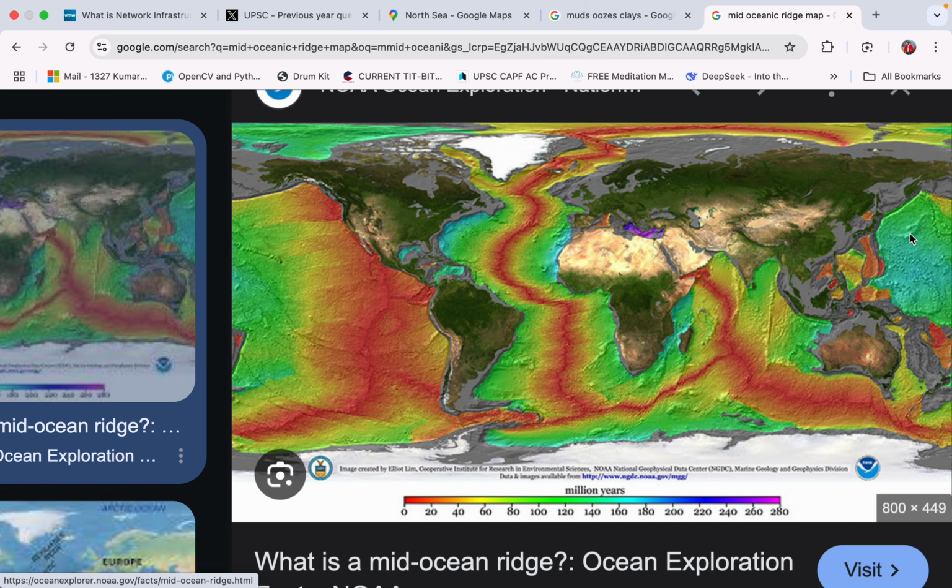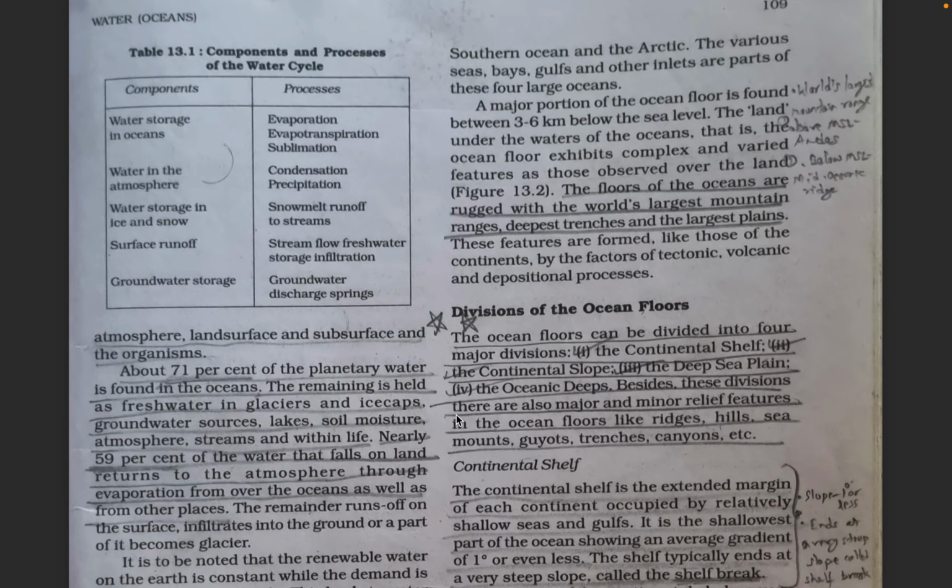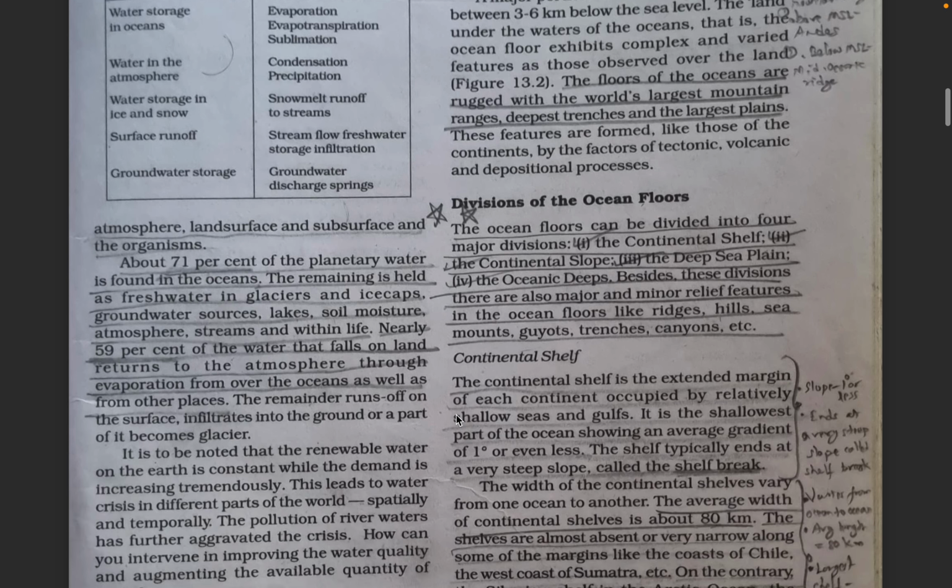So oceans have both the longest mountain range and also the largest plains and also the deepest trenches. Even Mount Everest over the Himalayas is not that much higher than the deepest trench that the world has.